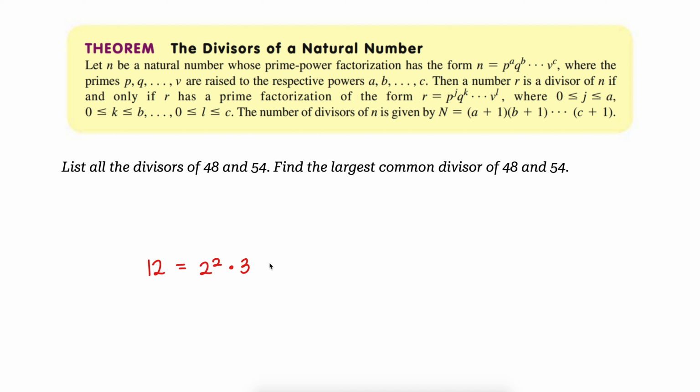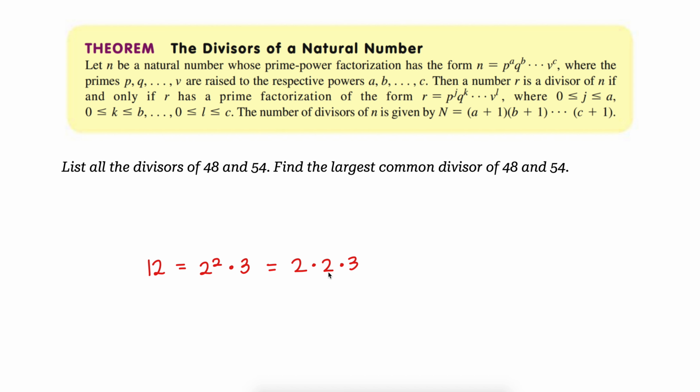So let me give you a for instance. 2 times 2 times 3 is what we have here. If I just consider 2 times 2, 4, because that's made up of 2 of these prime factors, that's also a divisor of 12.